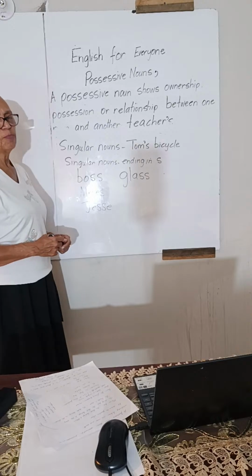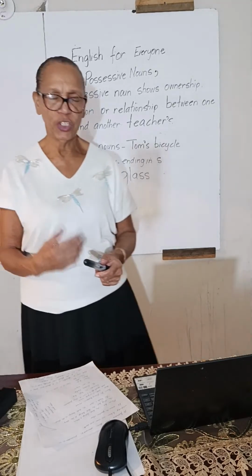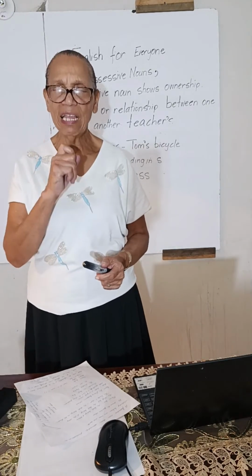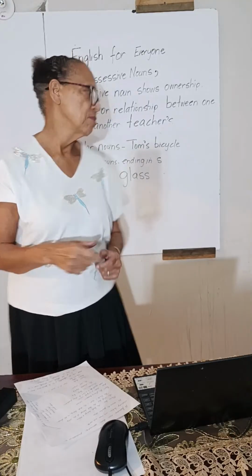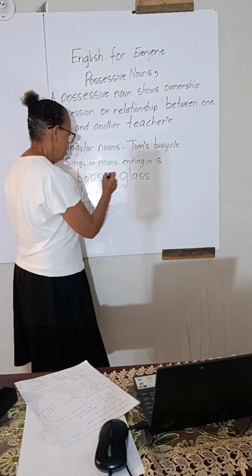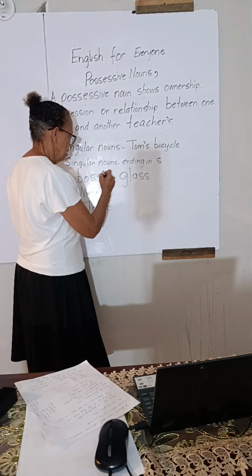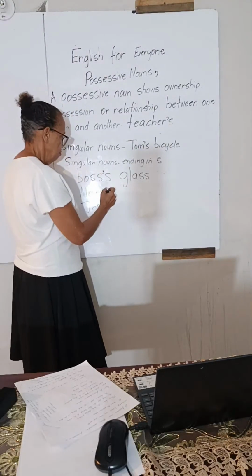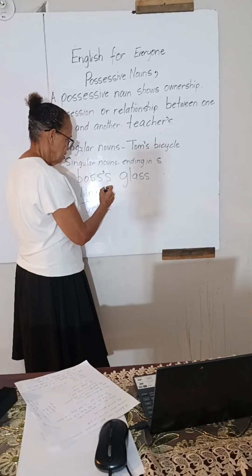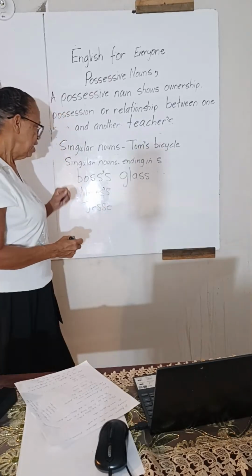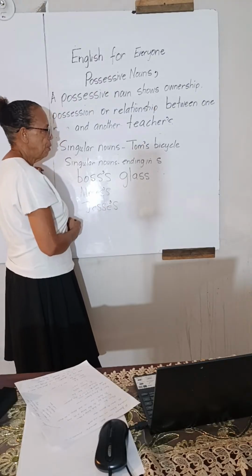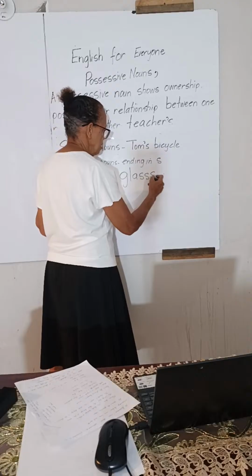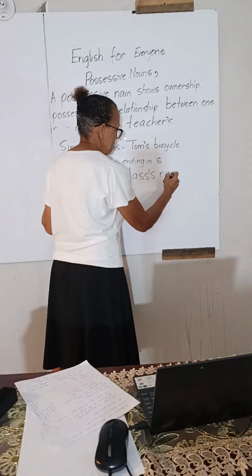So if we are going to make them show ownership, we still have to add on a third S. So we say boss's desk, Moses' rod, Jesse's rope, glasses' rim.